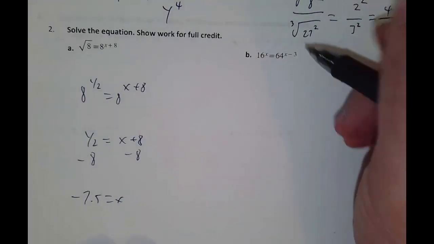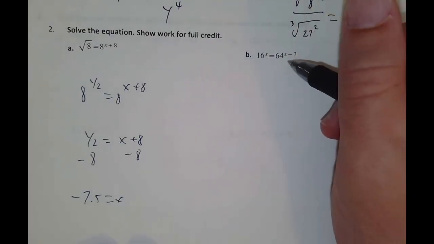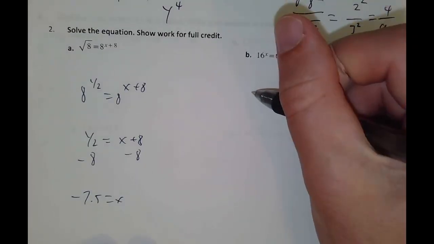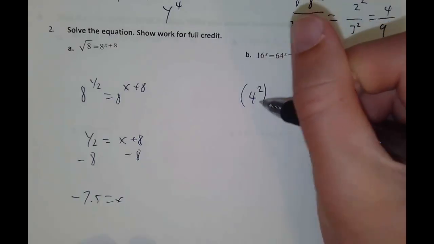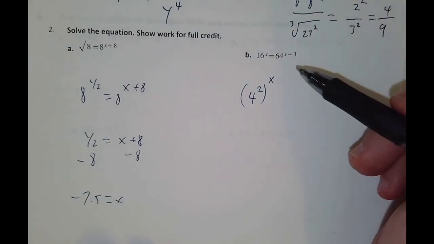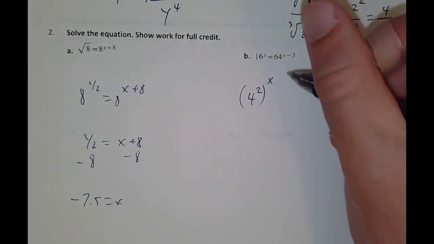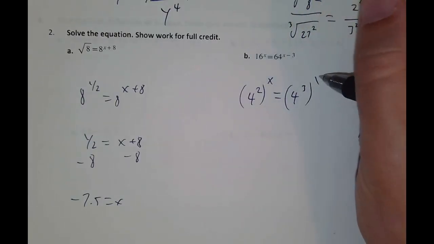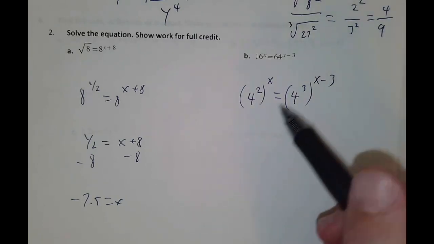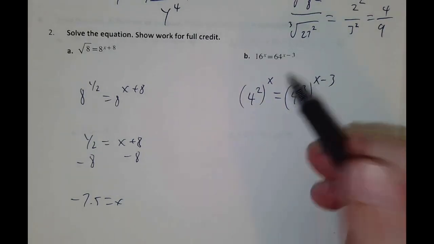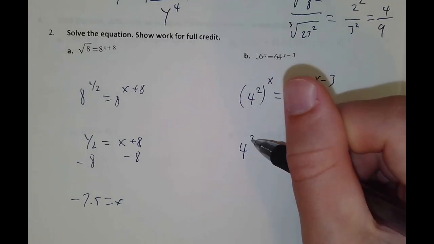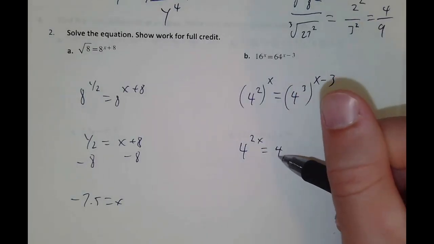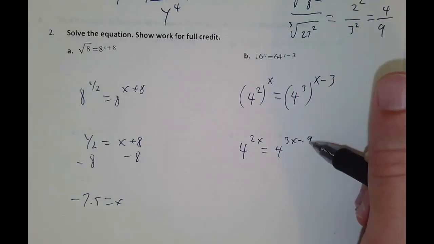On the right side here, they're not the same base, right? This is 16, this is 64. 16 is the same as 4 squared, so this is 4 squared to the x. And 64 is the same as 4 to the third, so this is 4 to the third to the x minus 3. Notice how now the bases are the same. We're going to distribute that exponent, so 4 to the 2x equals 4 to the 3x minus 9.